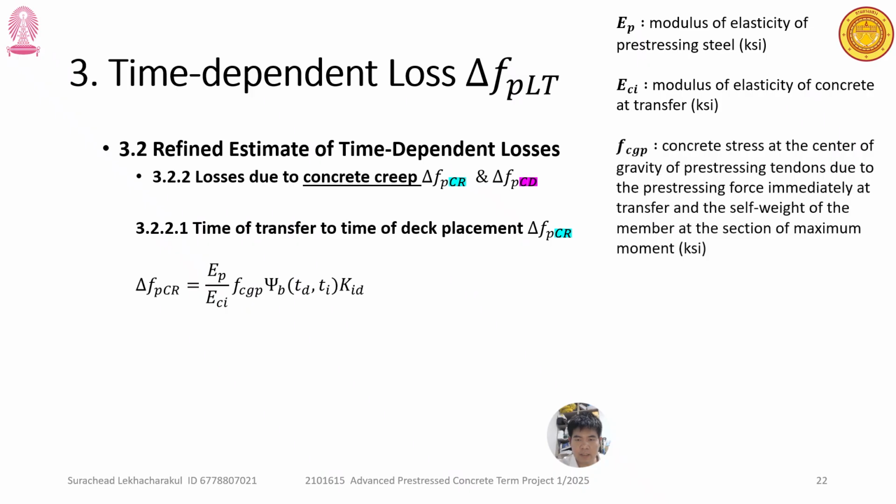The formula is EPECI. FCGP is the concrete stress at the center of gravity of the prestressed tendon due to the prestressing force immediately after transfer and the self-weight of the member at the section of maximum moment.